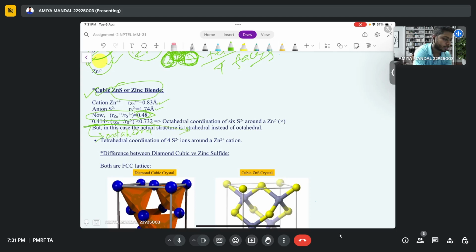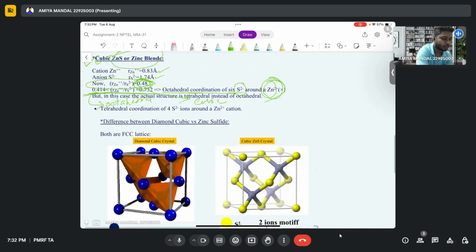and 0.73 is a cubic structure like caesium chloride. So octahedral coordination of six S2- around a Zn2+. Is it possible? No, this is not possible now. You can see that there is a difference between the cubic structure and a tetrahedral structure.